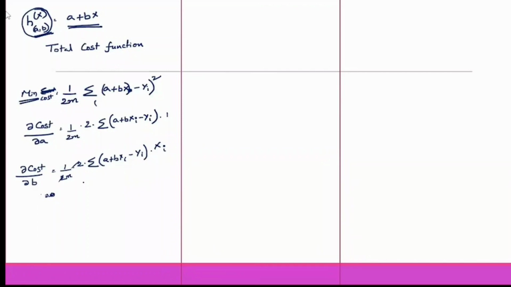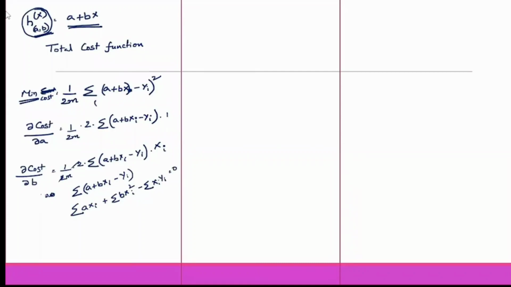I'll say simply sigma a plus b xi minus yi, or possibly I'll do sigma a xi plus sigma b xi squared minus sigma xi yi is equal to 0.